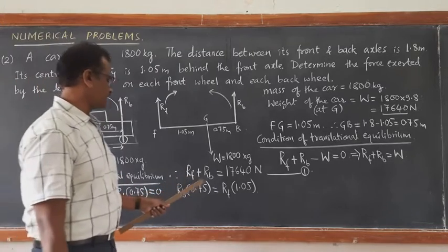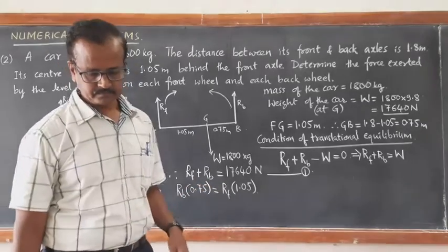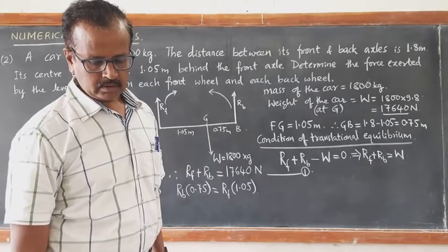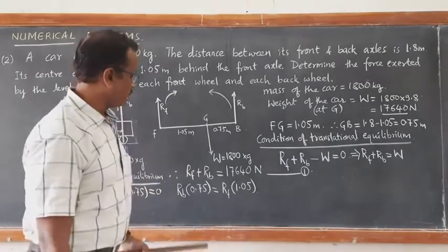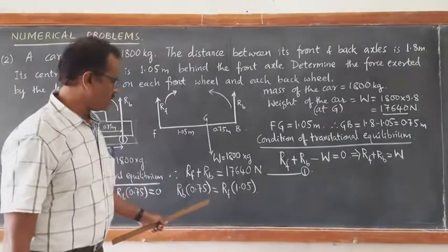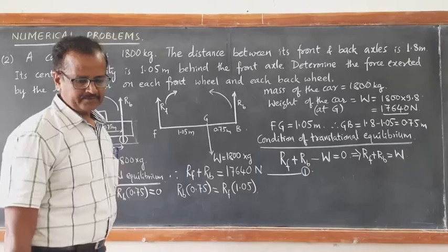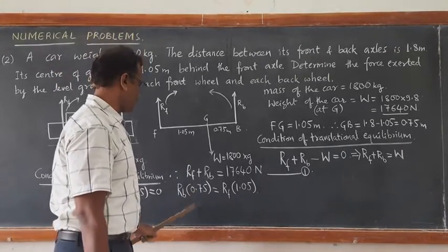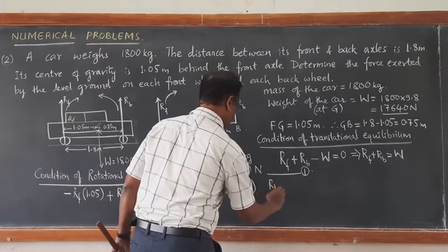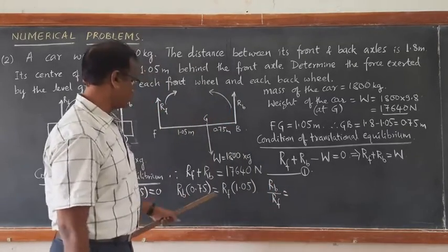So from this we can substitute the value of RB. Then let us take RB by RF. What is RB by RF? Ratio RB by RF. Simple to calculate.